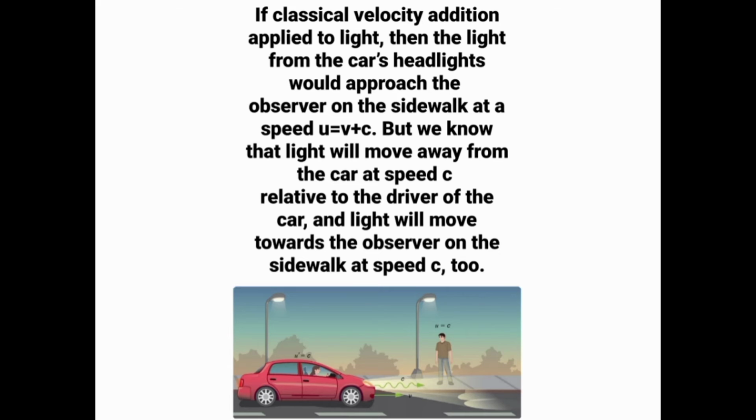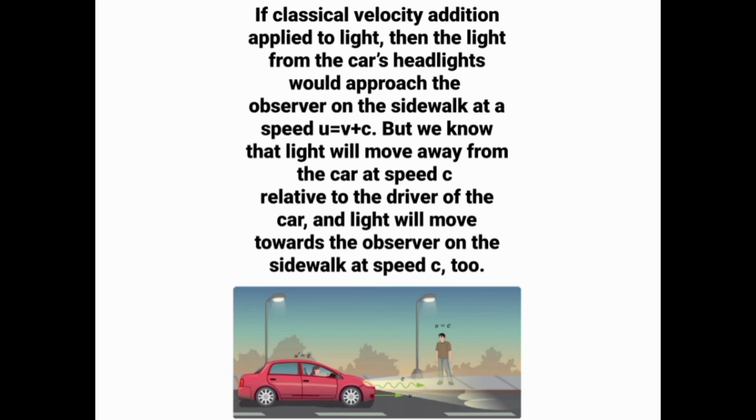As seen in the picture, if classical velocity addition applied to light, then the light from the car's headlights would approach the observer on the sidewalk at a speed u equal to v plus c. But we know that light will move away from the car at speed c relative to the driver, and light will move towards the observer on the sidewalk at speed c too.